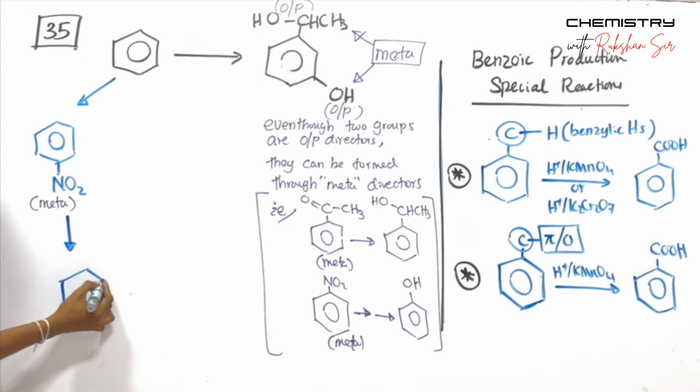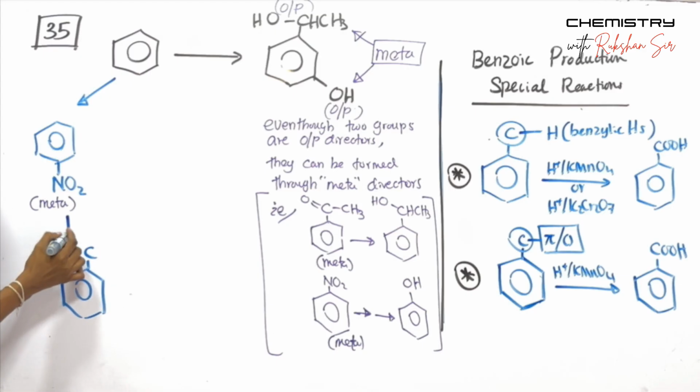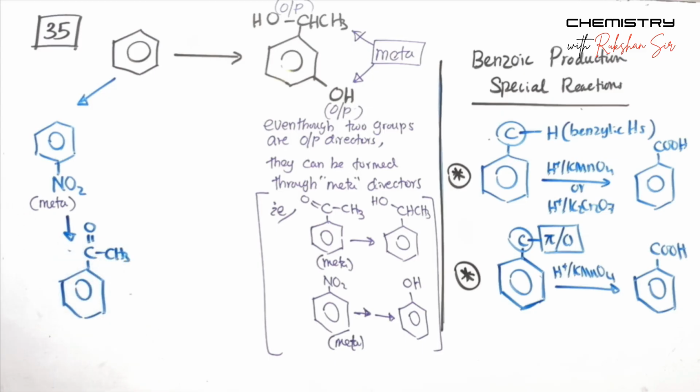The second group should go to the ring while the meta director is there. Acylation, right? CH3COCl with anhydrous AlCl3.